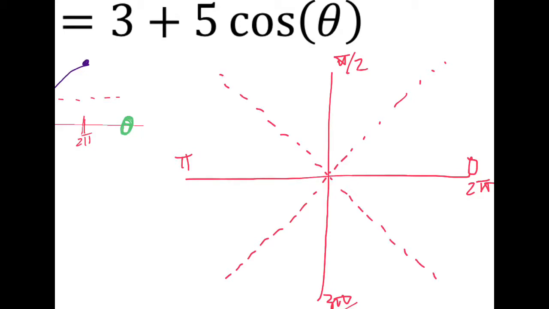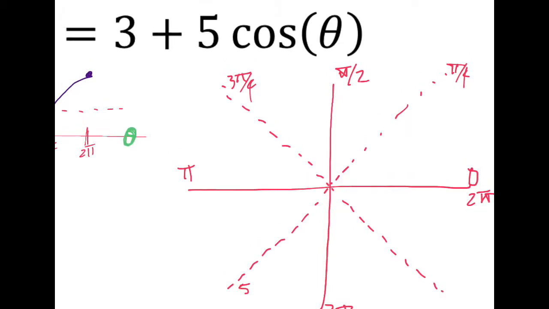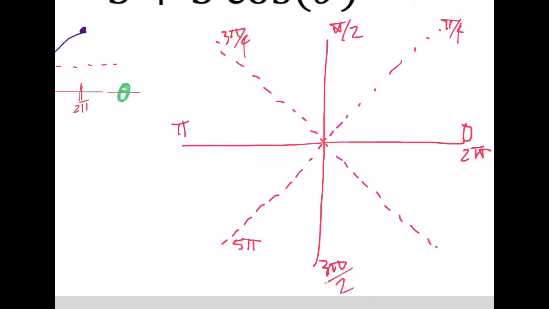I'm just choosing to draw them as dashed lines. It does not make any difference here. So 0 to pi over 2, halfway in the middle, we get pi over 4, and then we have 3 pi over 4, and then 5 pi over 4, and finally 7 pi over 4.